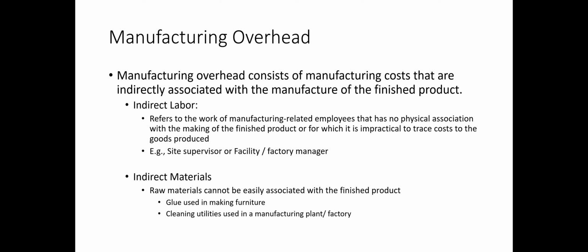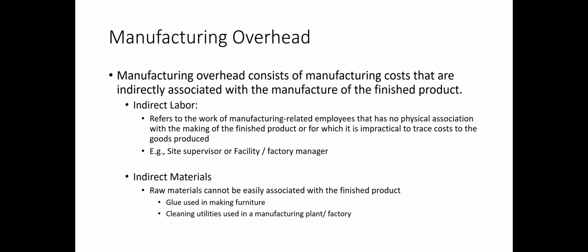For example, you're making a chip or a table, and then you have a factory manager. How much of the factory manager's salary is associated with one table produced? It's hard to trace it. That's why they are called manufacturing overhead. Or the same for a site supervisor or facility.